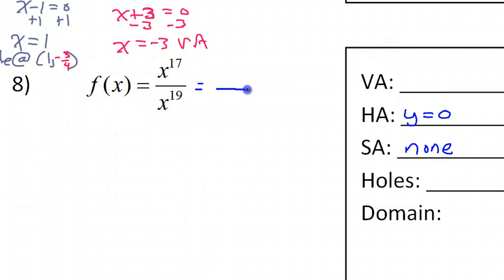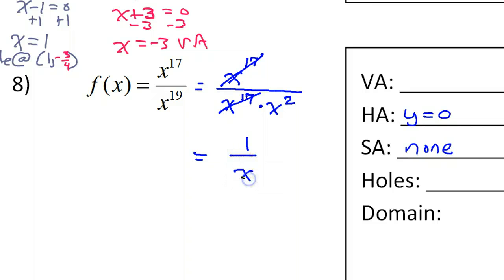You can think of this as x to the 17th power, but you can think of x to the 19th power as x to the 17th power times x squared. I'm just pulling two of those x's off to the side. So x to the 17th power will cancel out, and that would leave you with 1 over x squared.